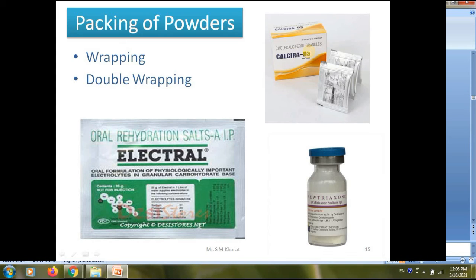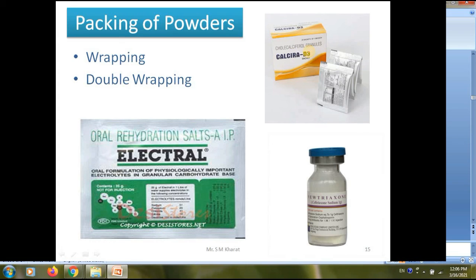Does anyone remember which kind of paper we utilize as the first layer in double wrapping? We use wax paper. No one remembered this.